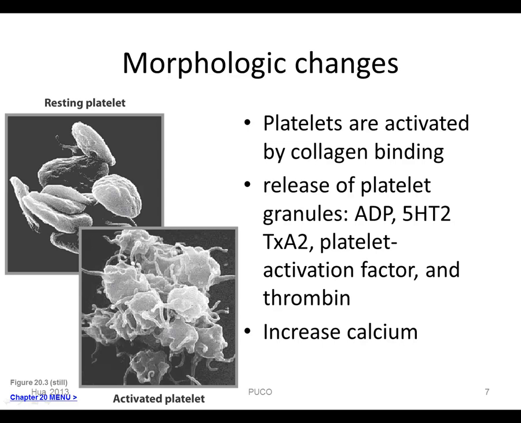Receptors on the surface of adhering platelets are activated by collagen of the underlying connective tissue. This causes morphologic changes in platelets and the release of platelet granules containing chemical mediators such as adenosine diphosphate, thromboxane A2, serotonin, platelet activating factor, and thrombin. These signaling molecules bind to receptors in the outer membrane of resting platelets circulating nearby.